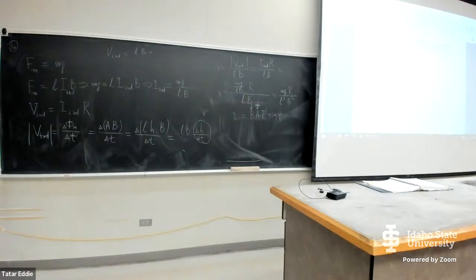I just have another question on wording. Question 8 says the current in the circuit reaches an equilibrium value. You have a coil with resistance and self-inductance, and a battery is connected.